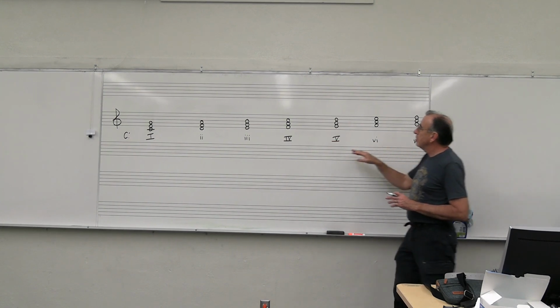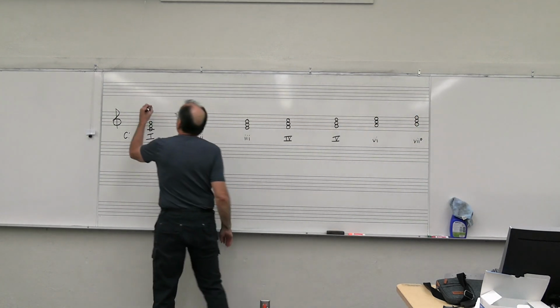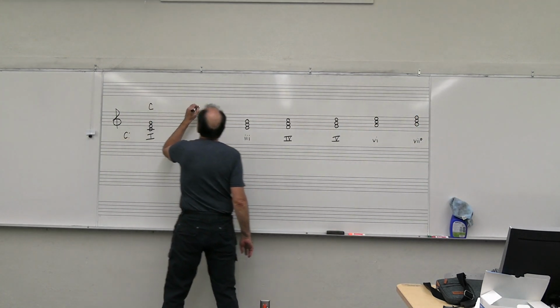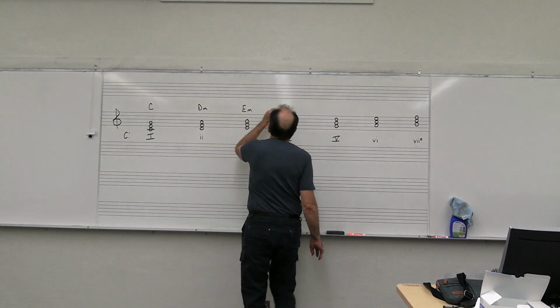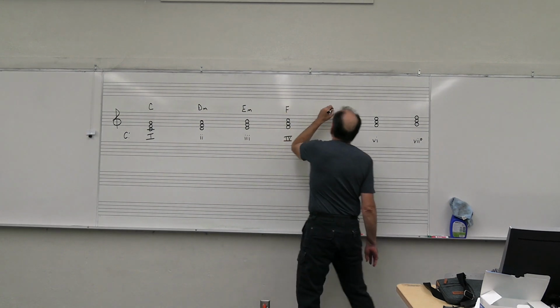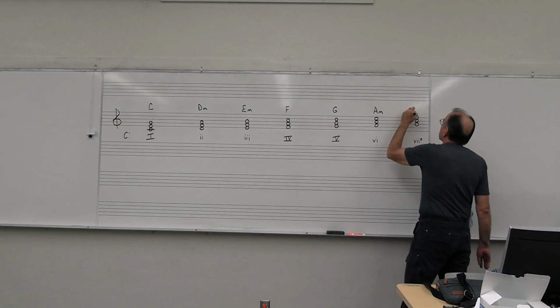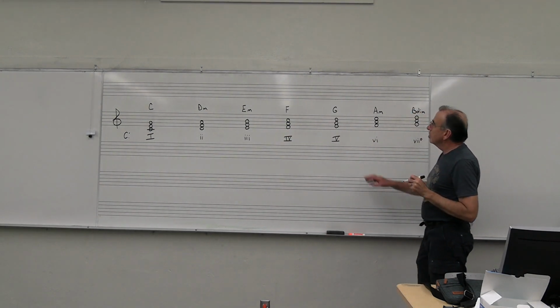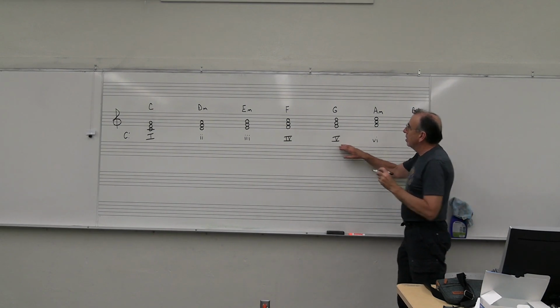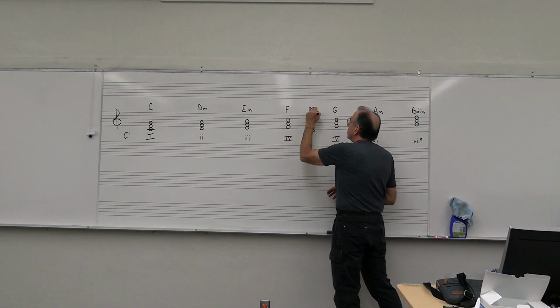So in other words, we were just looking at the 5 chord, the G major triad. In fact, let me put the chord symbols here too. Okay, so we were just talking about this one, and what we found was that the dominant of the G chord was this D7.